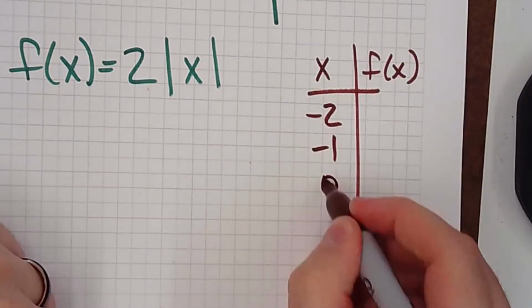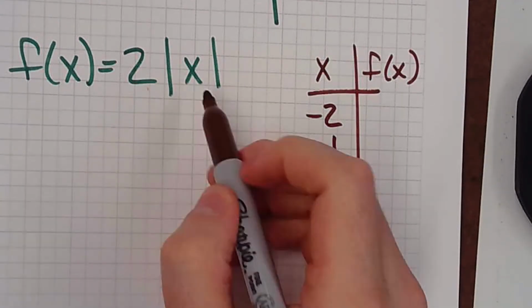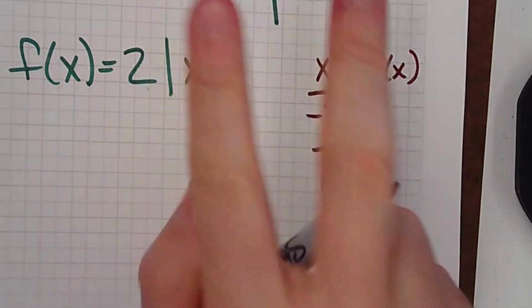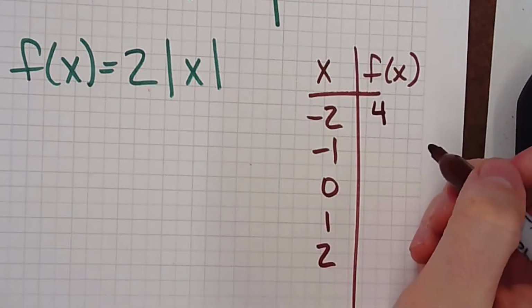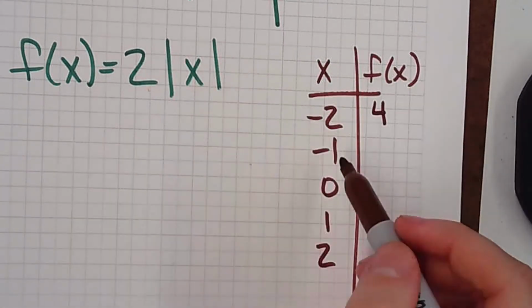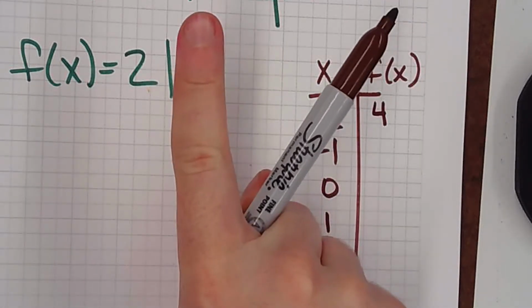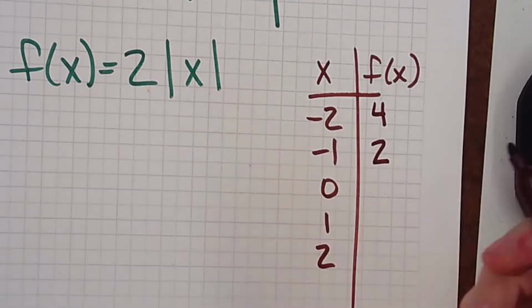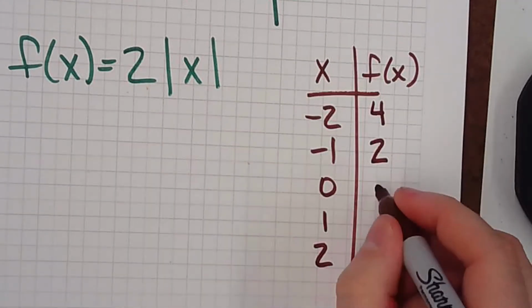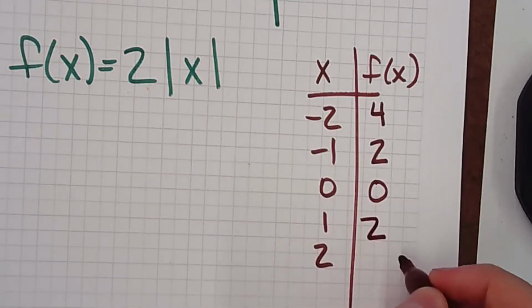If I plug in -2, I get the absolute value of -2, which is 2, and then I times it by 2 in front, 4. If I plug in -1, the absolute value of -1 is 1, times 2, 2. Absolute value of 0 is 0, and 0 times 2 is 0. Absolute value of 1 is 1, times 2 is 2, and absolute value of 2 is 2, times 2 is 4.